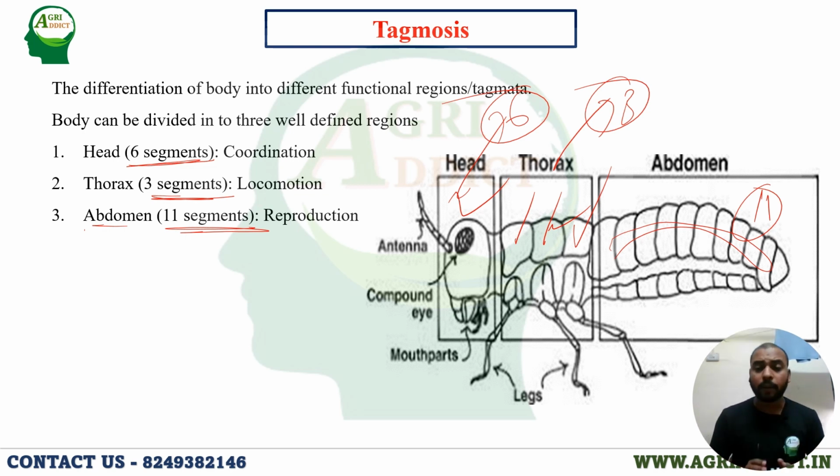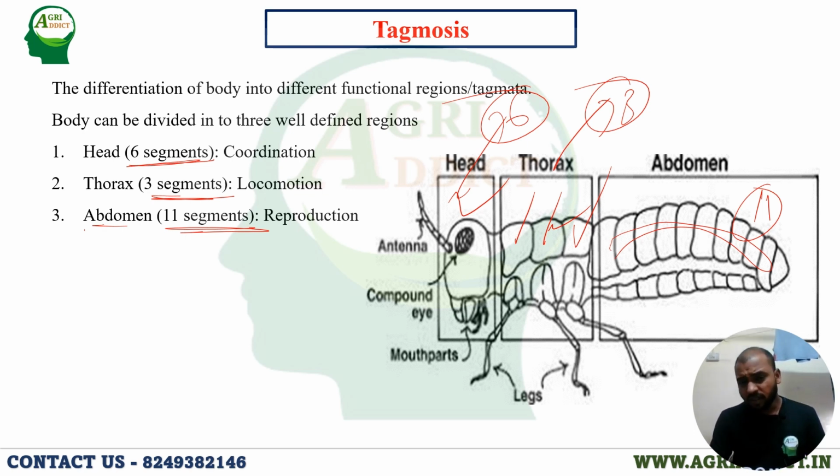But in the abdomen, mostly the female reproductive system and male reproductive system, the ovipositor, and another is the aedeagus, that is the penis, everything is there. Mostly reproductive structures are present in the abdomen. That's why the abdomen is responsible for reproduction.